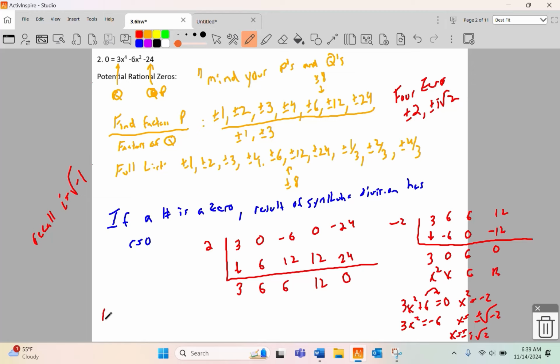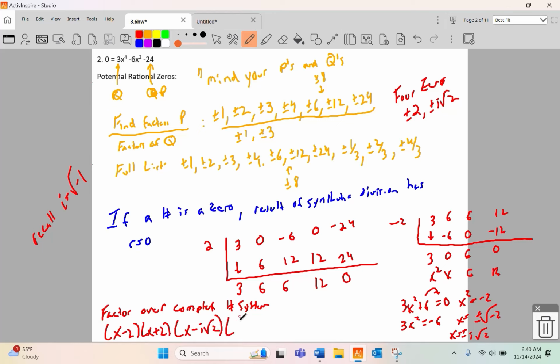And you are asked to factor over the complex number system. So if positive 2 is a 0, x minus 2 is a factor. If negative 2 is a 0, x plus 2 is a factor. If i root 2 is a 0, x minus i root 2 is a factor.